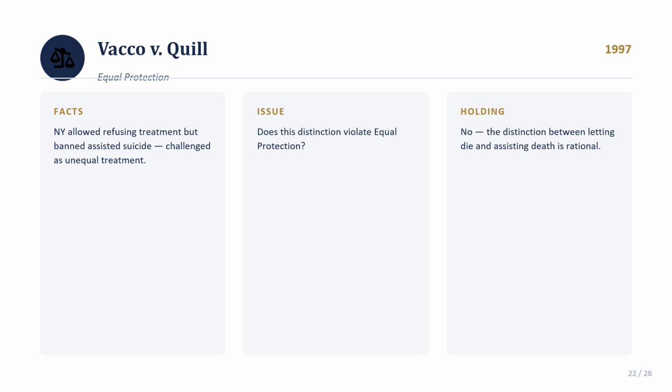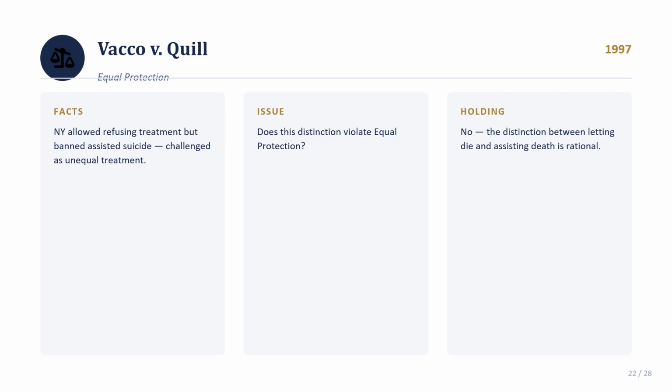Patients challenged this distinction, arguing that treating these two situations differently violated the Equal Protection Clause, since both situations ultimately end in the patient's death through choices made with medical involvement. The issue before the court was: does this legal distinction, permitting one path to death but not the other, violate equal protection? And the holding was no.